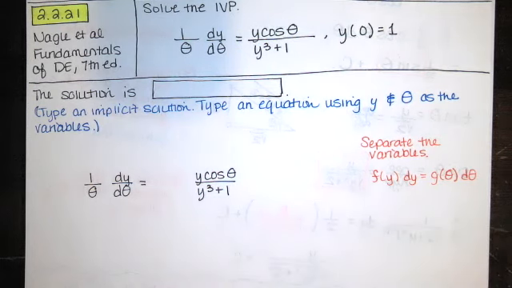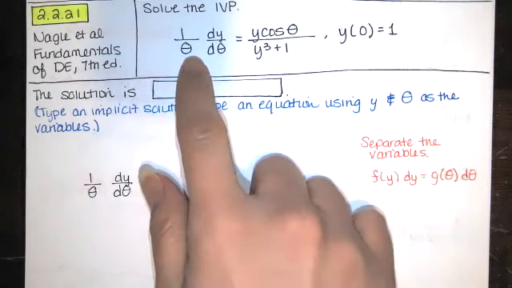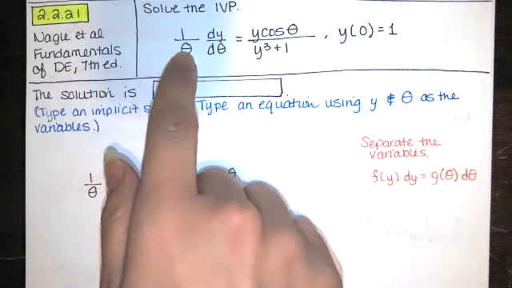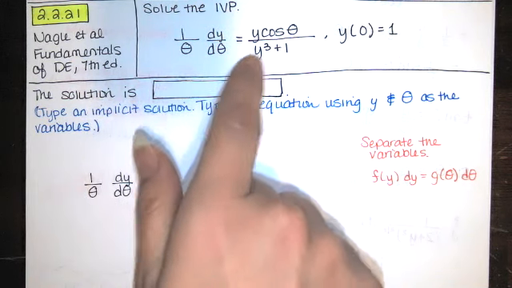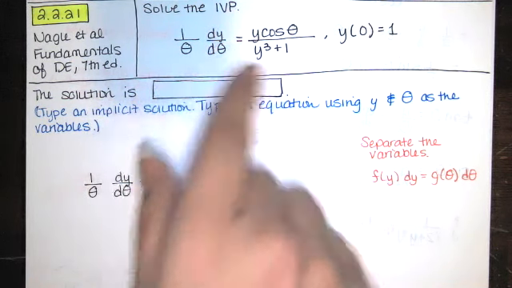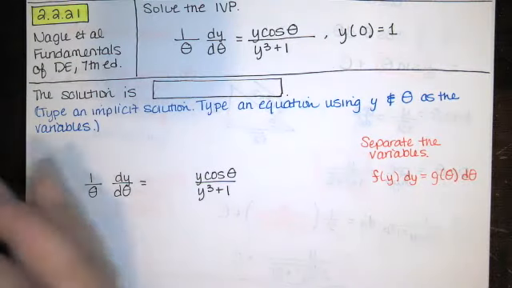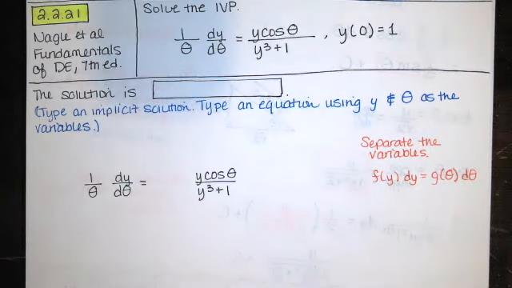If not, you can't. And because we've got a function of theta times dy d theta here and a function of y times a function of theta over here, it is going to be possible to get all the y's on one side and thetas on the other.